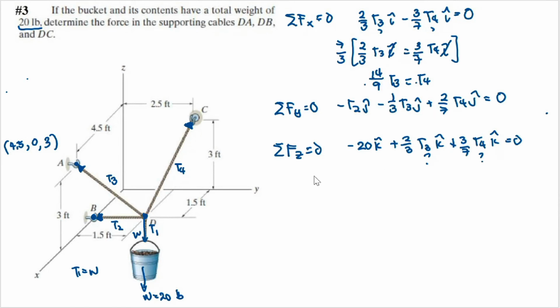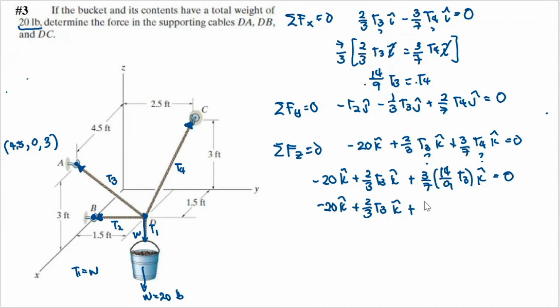So that is negative 20 k hat plus 2/3 T3 k hat plus 3 over 7 T4, now this is the value, 14 over 9, T3, and do not forget the k hat here, is equal to 0. Can you simplify? 3 times 14 divided by 7 over 9, what will be the answer? 2/3, ma'am.